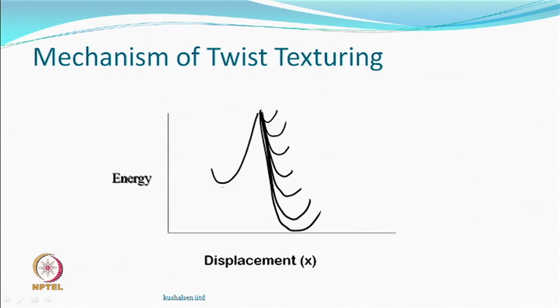Now, this is the energy curve that you saw before. This is state x1, where the multifilament yarn as it is was stable. There was no changing its configuration, it was stable. And what do we do? We have done twisting. When you do twisting, the energy goes high. Okay. The energy goes high, increases.